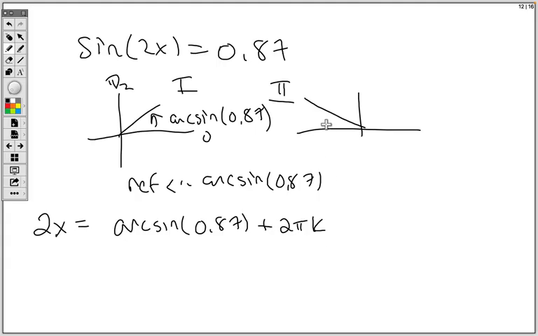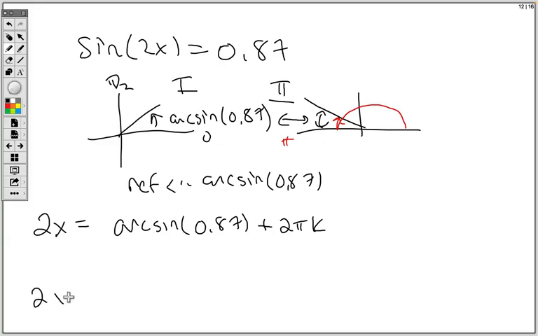What would the quadrant 2 angle be? Well, the quadrant 2 angle would need a reference angle there of the arc sine of 0.87. So how would I get to there? I can imagine rotating halfway around and then backing up that much, right? So I got to go halfway around to pi, except I'm backing up arc sine of 0.87.